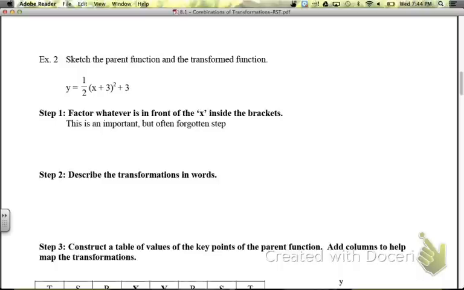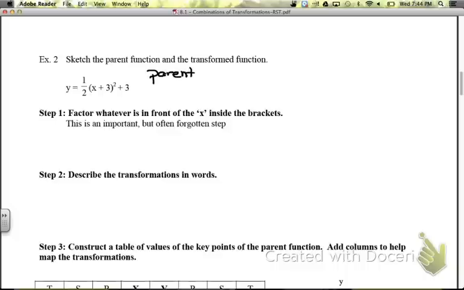So now, looking at example 2, we want to sketch the parent function and the transformed function. So looking at this, we have y equals 1/2 times (x plus 3) all squared plus 3. So what is our parent function here?